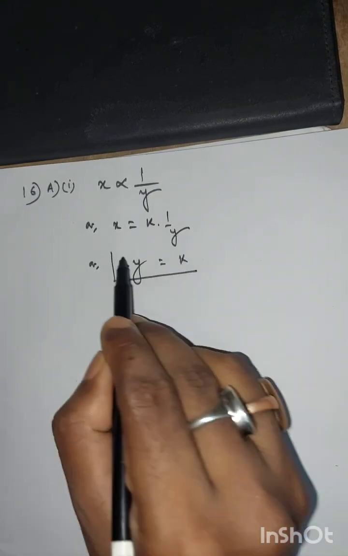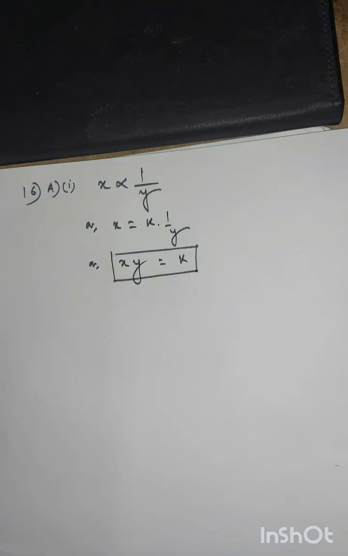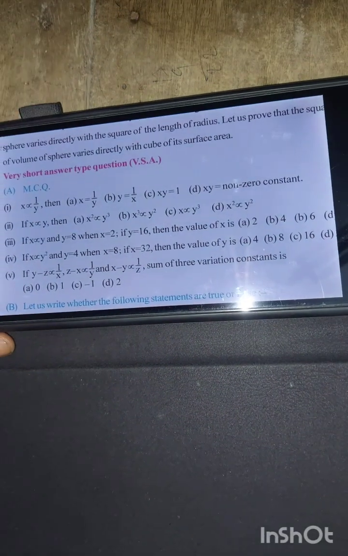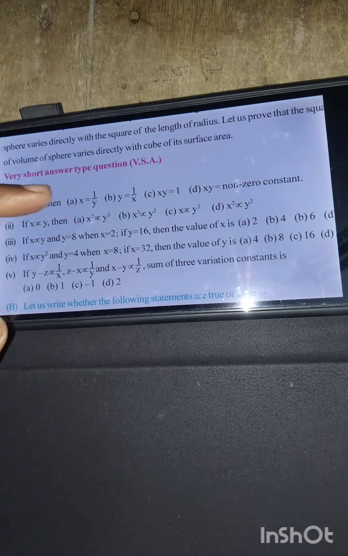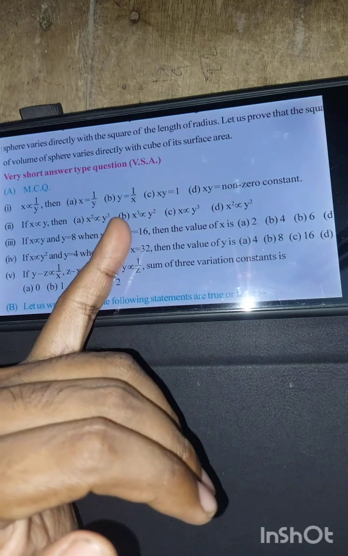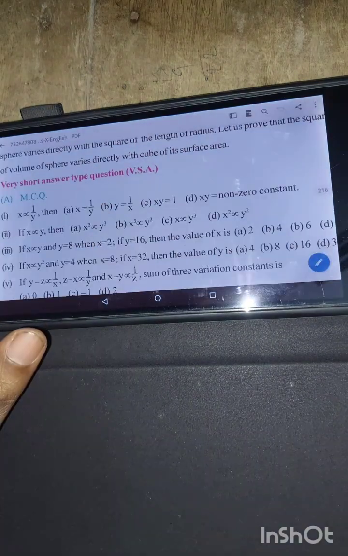So this is our answer. Option A is not correct because there is no variation constant.